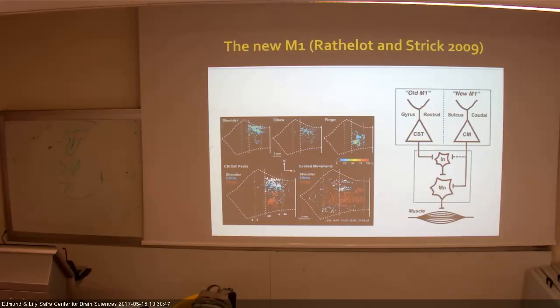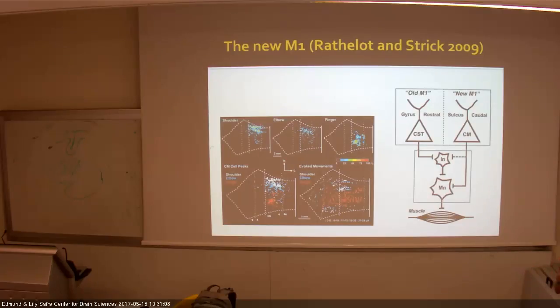Also, in most of the motor cortex, there is no muscle-based map, because if you inject in one muscle and look at the entire motor cortex, you see colonies, so different areas in the motor cortex that project to that muscle.